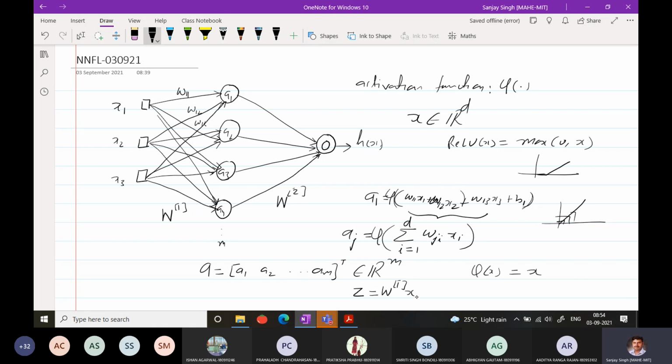When I say X, it is not only one, it is X1, X2, X3, everything, plus B1. When I say B1, B1 is not just one, it is the bias of this, this, and this. Is this okay? So this is nothing but Z, which goes into this particular part.